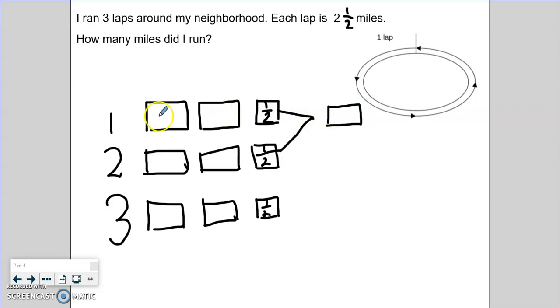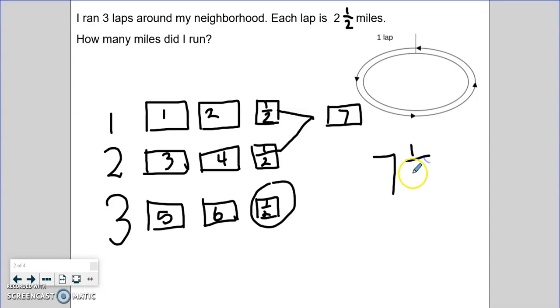So, you have 1 mile, 2 miles, 3 miles, 4 miles, 5 miles, 6 miles, 7 miles, and what's left over? 1/2. So your answer here is 7 1/2 miles. This person ran 7.5 miles.